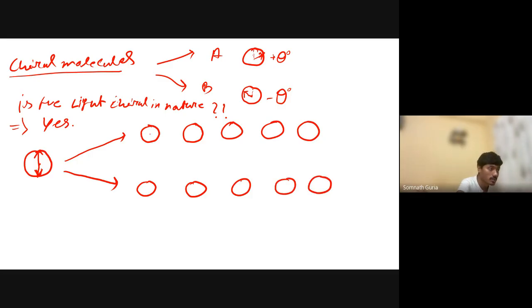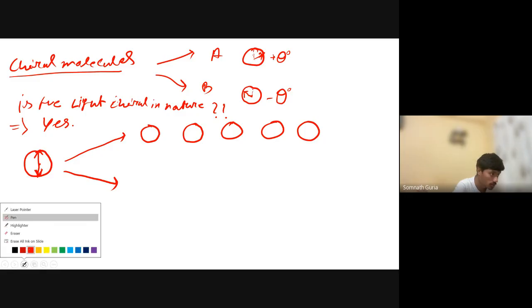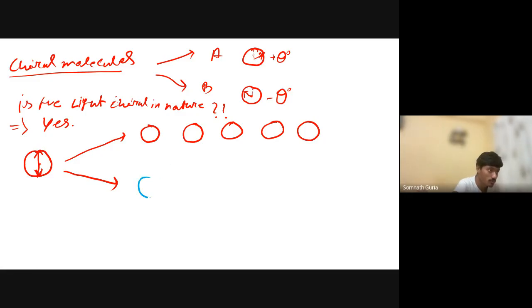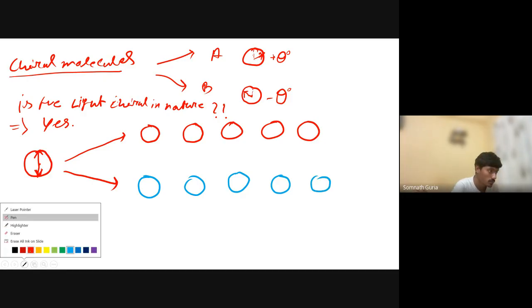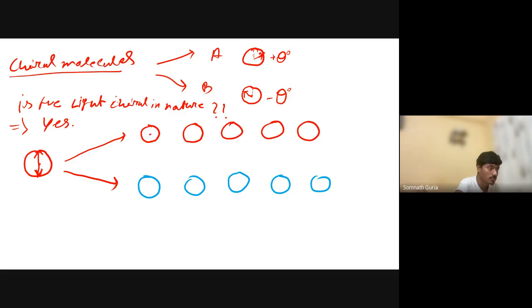Initially, let's suppose my direction was this one, and further this light is rotating in this direction.